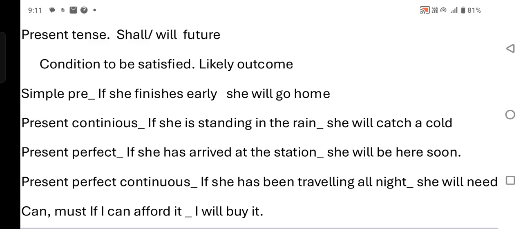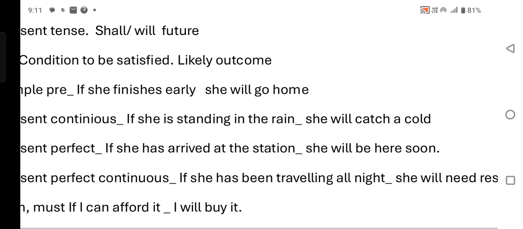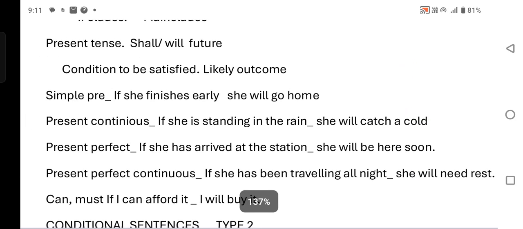Present perfect continuous tense. If she has been traveling all night, has is the first helping verb, been is the second helping verb, ing is added to the main verb. If she has been traveling all night, she will need rest.